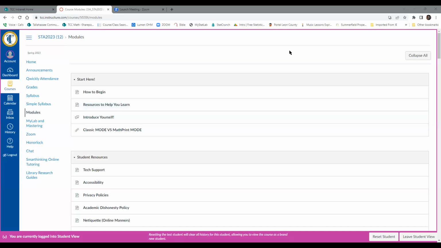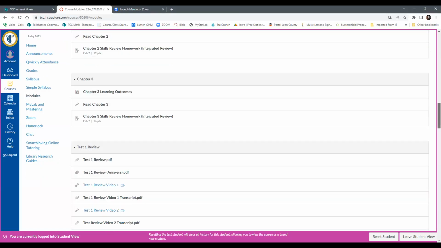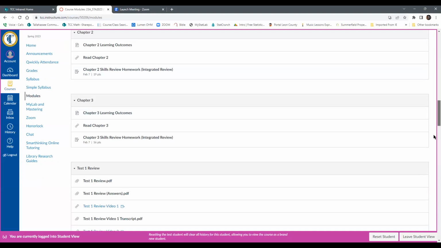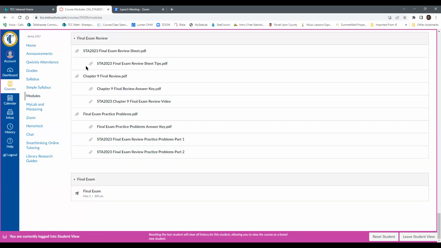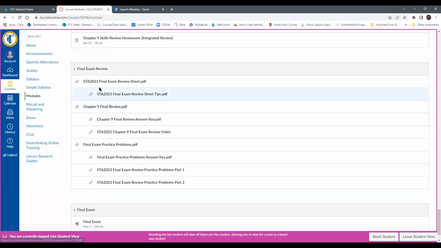What you usually do to see the test is go to modules. Scroll all the way down, right here. This is what we have to review for the final exam. As you can see, these are the steps that you need to do.